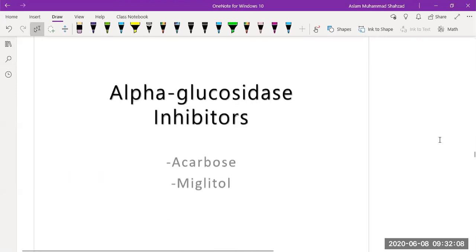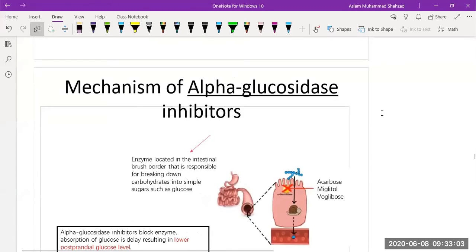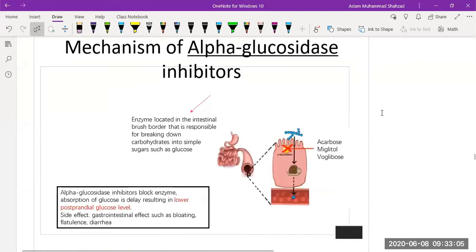Then we have alpha glucosidase inhibitors like acarbose and miglitol. The mechanism they mention is that the alpha glucosidase inhibitors block the enzyme. Absorption of the glucose will be delayed, and as a result, there is a lower postprandial glucose level.